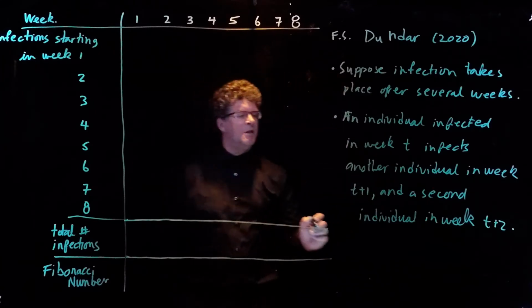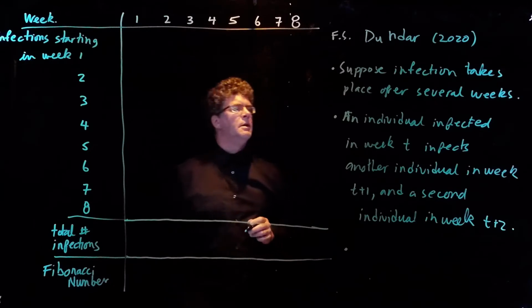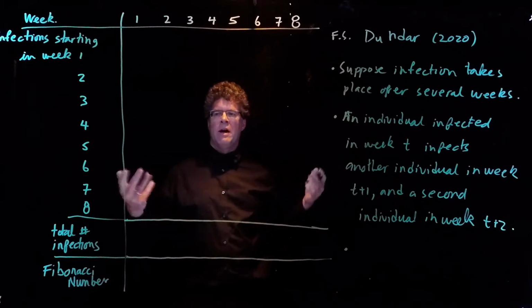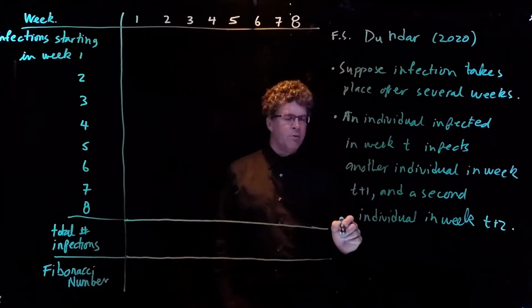So this is a little bit different than the model we had because it spreads out the infection over a 2-week period. And we might ask ourselves, what's the total number of infections per week?